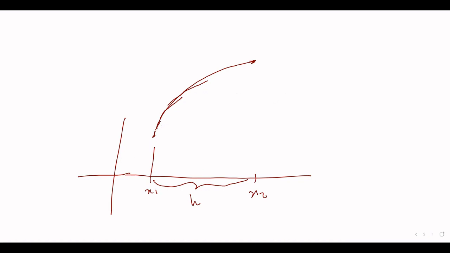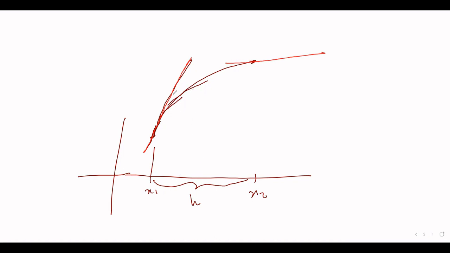Yes, sir. So it's expected that the slope of the tangent will change gradually. At this point x naught, the slope has a high value. At this point x1, the slope has a low value, and the slope changes almost linearly. The rate of change is almost linear as we move from x1 to x2 because h is very small, right?